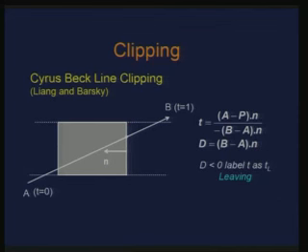Now, can I exploit this notion in order to decide which t's to select? Any suggestions? Let us say I consider this particular line, and you know what portion of the line is actually inside the window, and by now you know which t's will have the label E. These two t's are going to have T e and these two t's are going to have T l. Is there anything you can think of which can give me the segment to be clipped? Exactly.